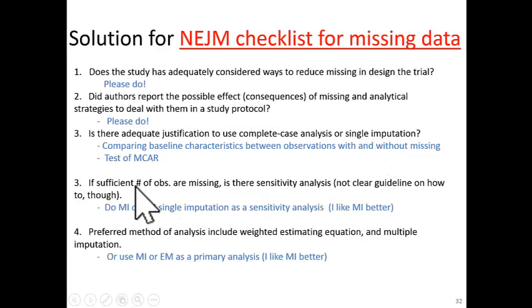And when a sufficient number of observations are missing, it is always better to include a sensitivity analysis using some imputation, such as the MI method, or multiple imputation.